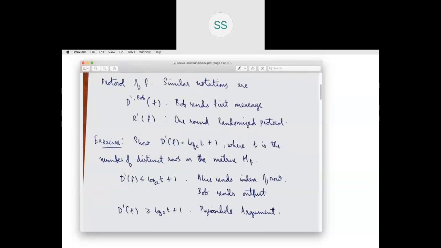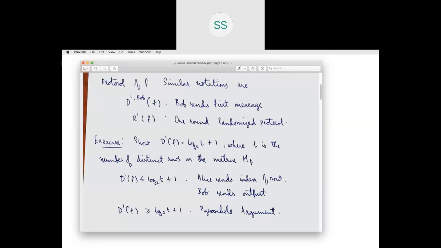Bob needs 1 bit for the answer. Now how do we get log t? If they use anything less than log t, then it will so happen that for two different types of rows, Alice will end up sending the same message to Bob.